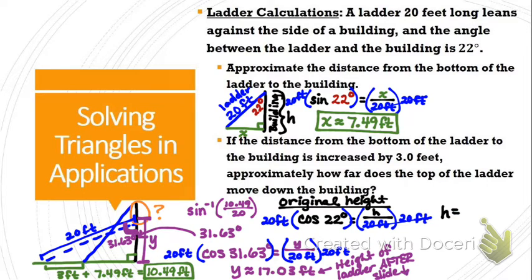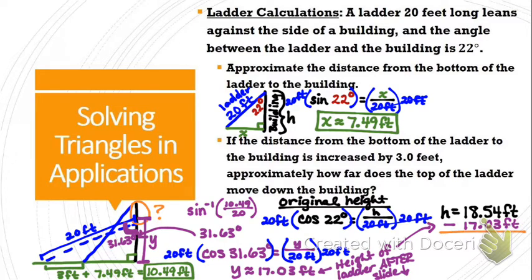What was the original height? 18.54 feet. So how do I find the amount that it slid? Subtraction. Yes. I've got 18.54 minus 17.03 feet.